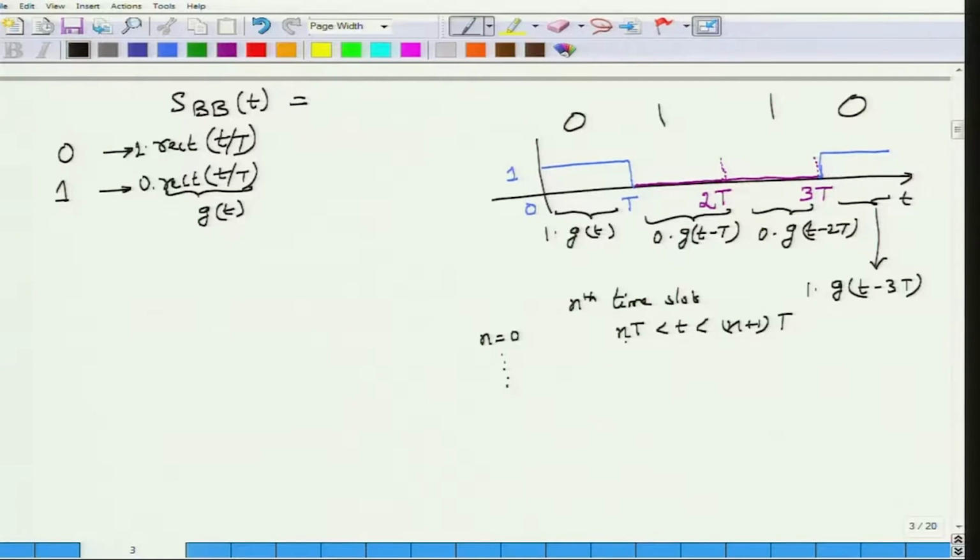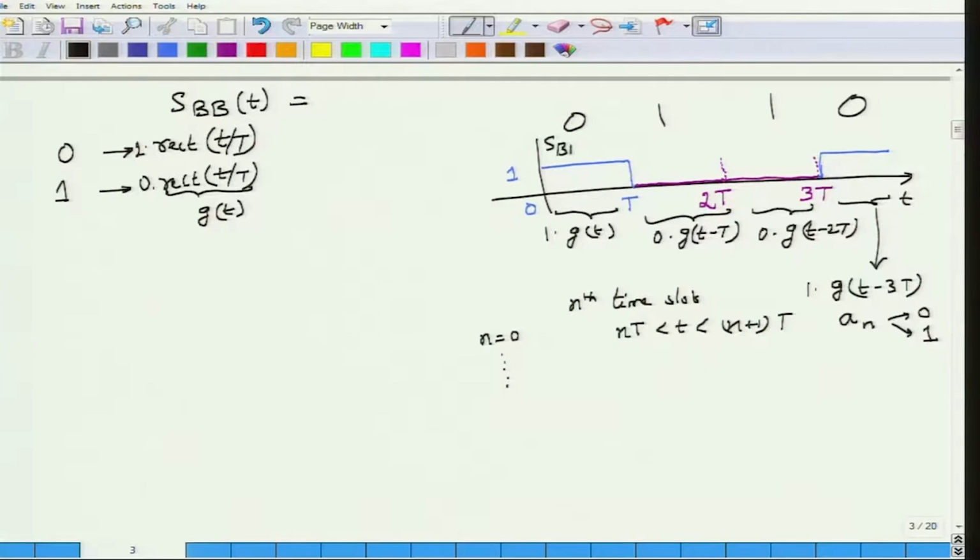You can check that this is true for this particular example. For example, for n equal to 0, the time duration is from 0 to T, which will then have the corresponding bit represented as a_n. a_n can be 0 or it can be 1. So by this way you are actually able to represent this waveform.